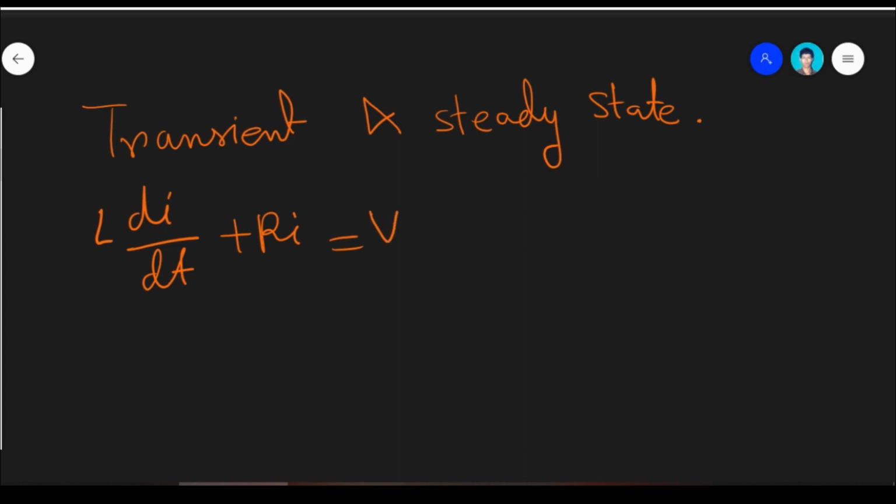Now this V being your input voltage, if you excite the system with sinusoidal voltage, it will become Vm sin omega t.